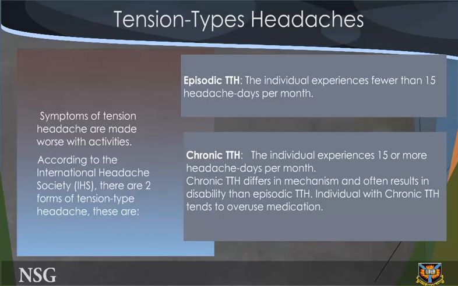Symptoms of tension headache are made worse with activities. According to the International Headache Society, IHS, there are 2 forms of tension type headache. These are episodic TTH, where the individual experiences fewer than 15 headache days per month, and chronic TTH, where the individual experiences 15 or more headache days per month.